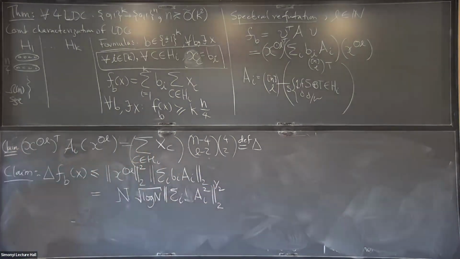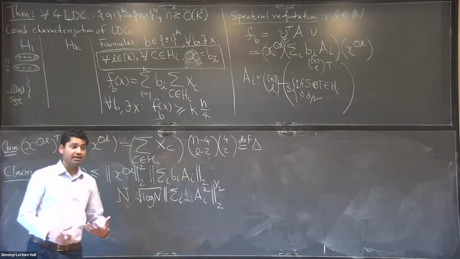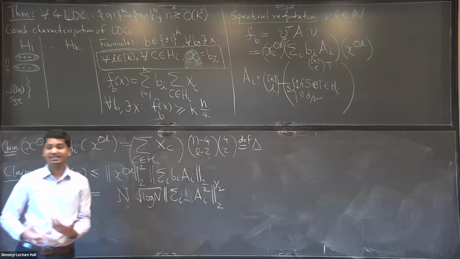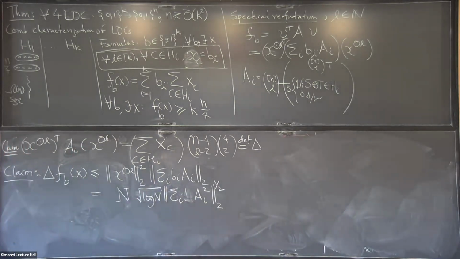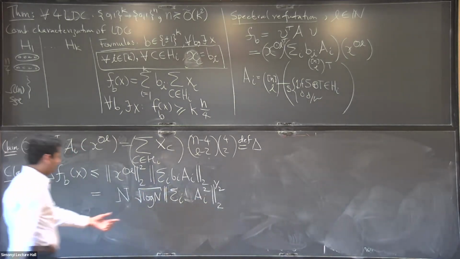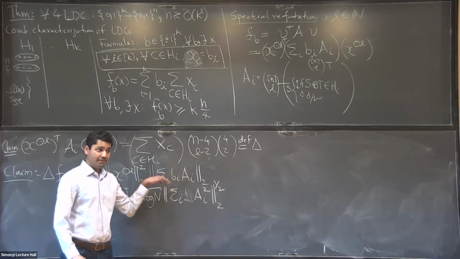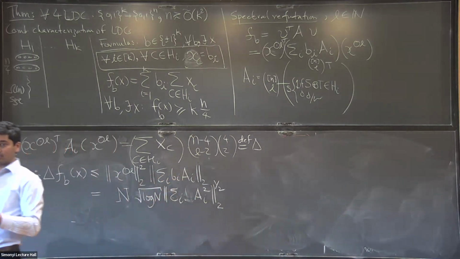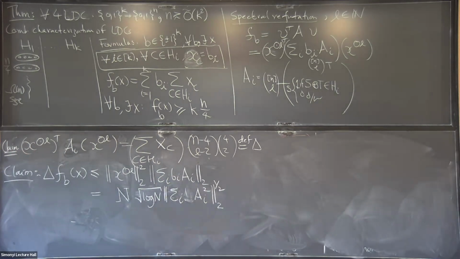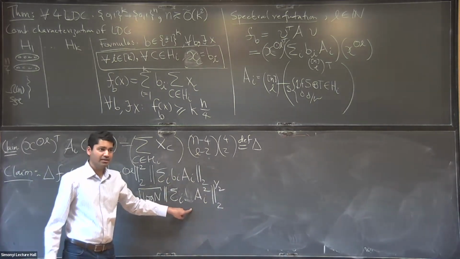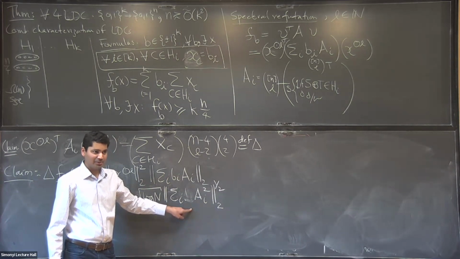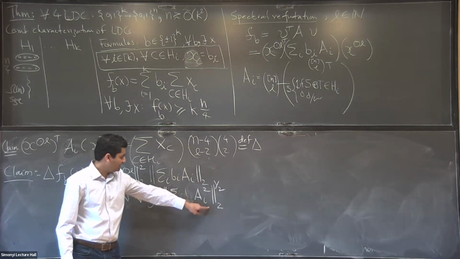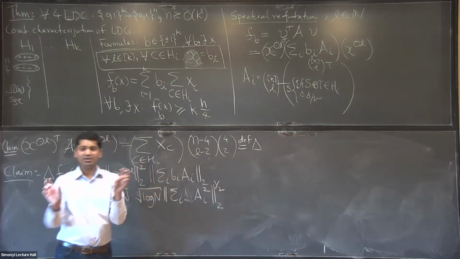Again, the trick to understand what's going on is to think of what it would have been like if capital Ai were really scalars. If they were scalars, then the variance of this random variable would simply be the sum of squares of these coefficients Ai. That's what I have here. But they're not scalars, they're matrices. So I'm taking the standard deviation, but in the spectral norm.